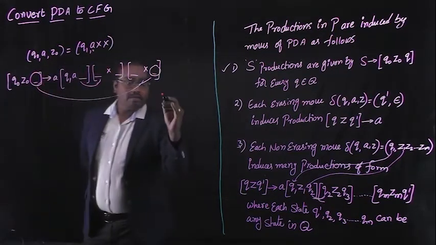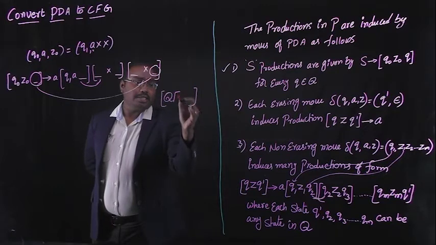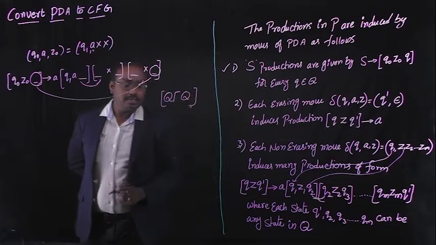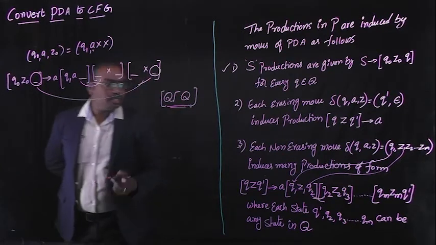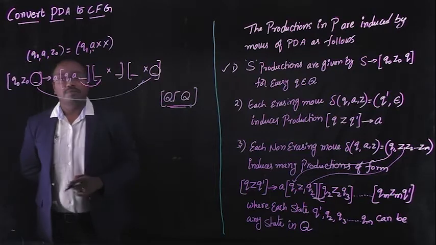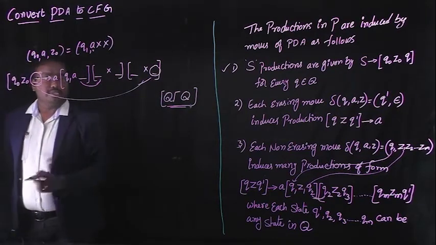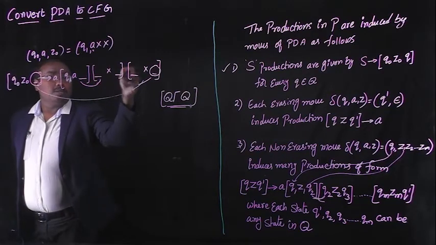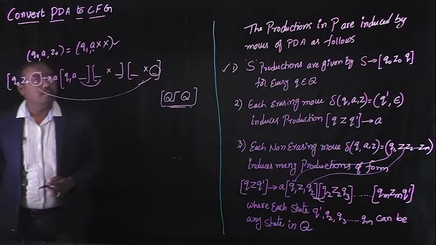The context free grammar variables can be formed with a state, any stack symbol and a state. So the formation of these 3 tuples gives the variables. Then we can fill the states in these empty places. Like this we can write the production rules for more than 2 symbols in the stack.